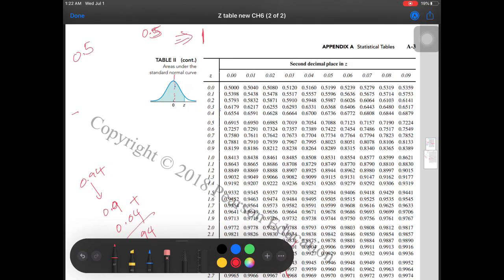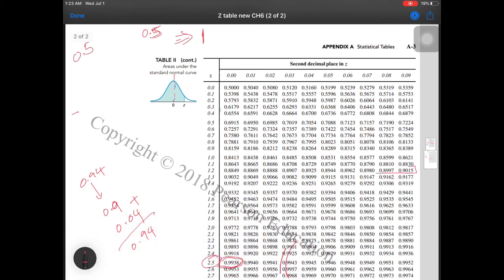Let's see how we find that. You need to find the area, so you have to focus inside the table, on 0.9. Those two are the closest, but you can see 0.9 is not there. You have 0.8997 and 0.9015. Which one is the closest? I think this one, right? So go this side and this side, and find the value.